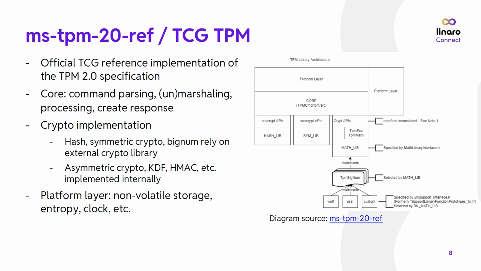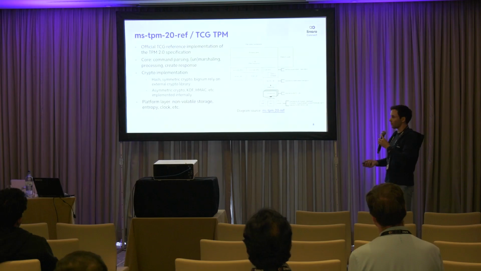So for hashing and symmetric crypto and so on, by default, this is OpenSSL. But for some other crypto things like asymmetric encryption, key derivation functions, those are implemented in this library itself, which makes it a bit difficult to replace the crypto operations in this library. It also has some platform dependencies, like non-volatile storage, access to some entropy source, clock source, and so on.